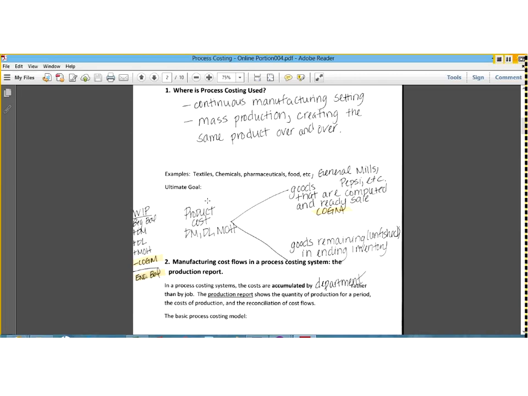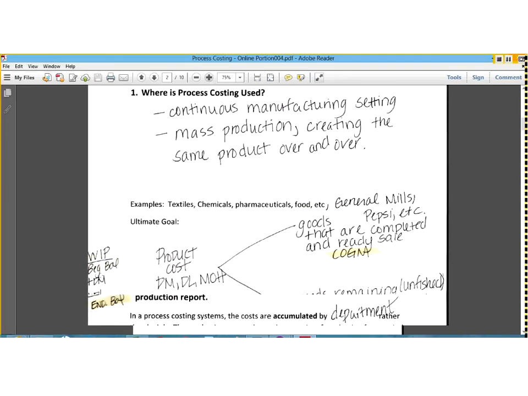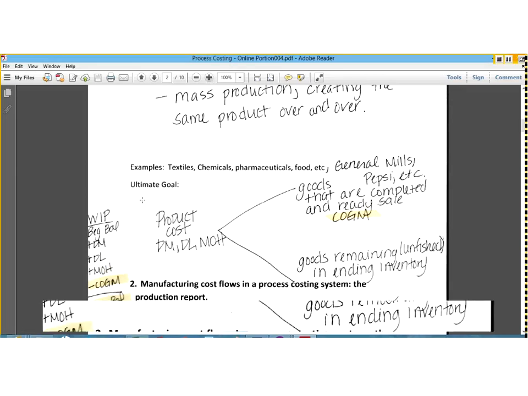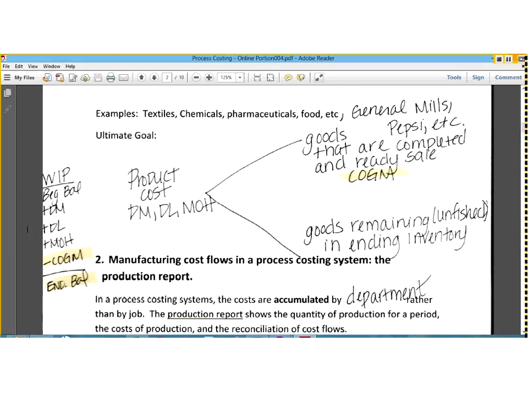So basically, remember those good old cost flow formulas from, I believe it was Chapter 18, where we looked at raw materials, work in process, and finished goods. Remember when we looked at work in process, the formula was the beginning balance, add our direct materials, add our labor, add our overhead.